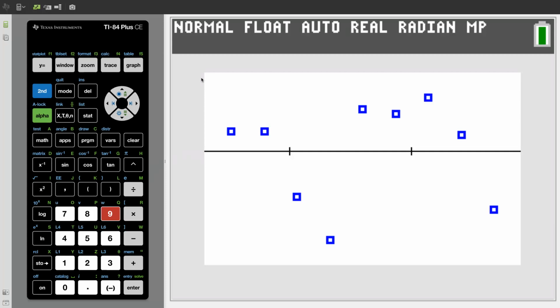So this is the residuals. Ooh, I got to hurry. This is a lot of work for one problem.